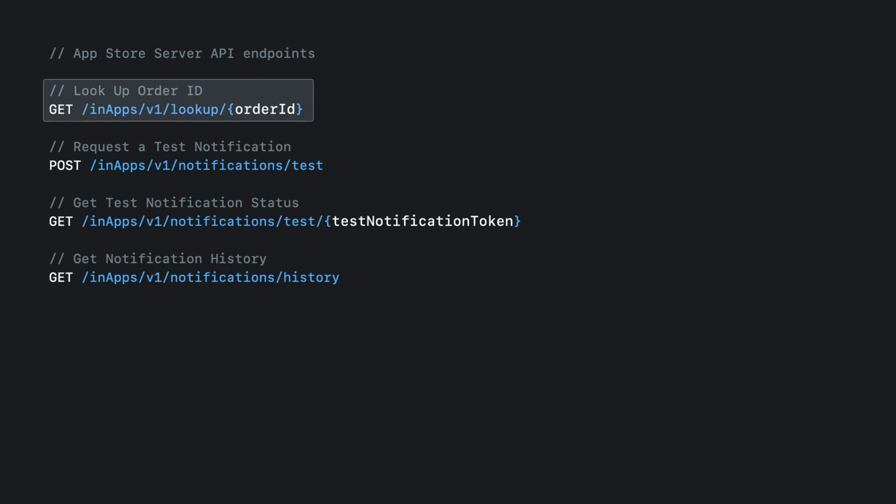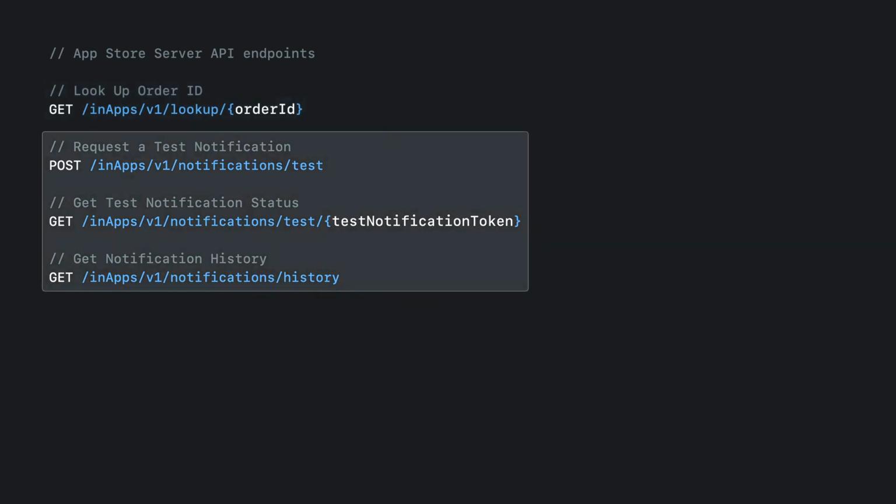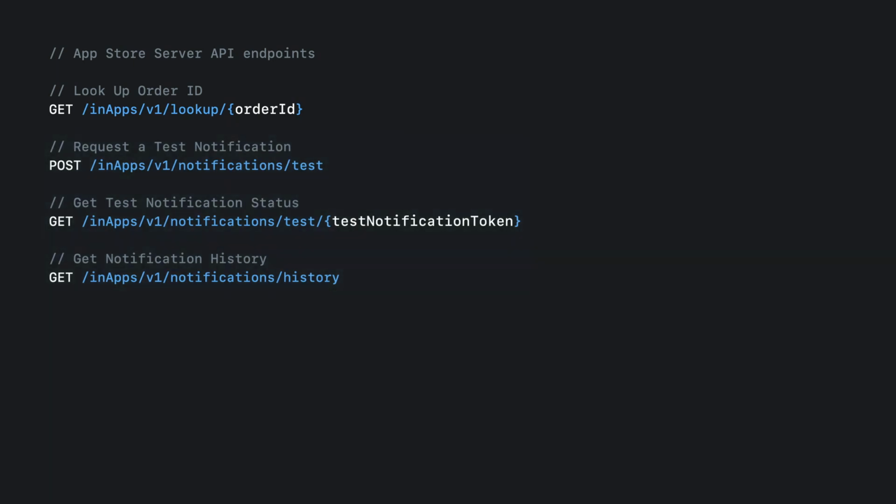This is so that you can better assist with questions directly from the customer, as the customer is provided an order ID in customer receipts for each transaction, but is not provided an original transaction ID. This ensures that you can directly respond to customer inquiries with data customers have on hand. The last endpoints listed here are notification-related, which Alex will touch on in his portion of this session.